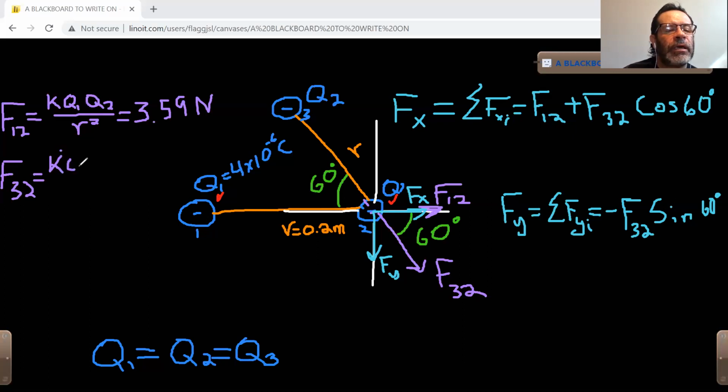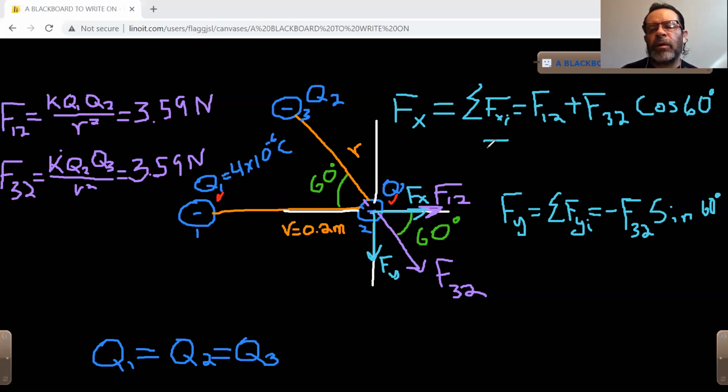So it's going to be K, Q2, Q3, over R squared. And this is going to be exactly the same value, so this is also going to be 3.59. Okay. Are we okay up to this point? Questions up to this point? The only thing we're doing is using Coulomb's law to calculate those values.